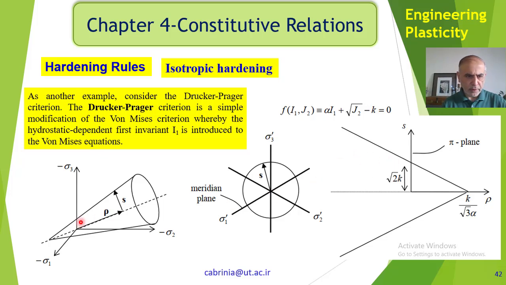As you can see here, as we move along this line, the size of the circle increases, showing the yield surface, and it means that the yield surface increases in size. Again, depending on what pressure we have, if we have isotropic hardening rule, then the yield surface, the yield circle in fact, increases in size.